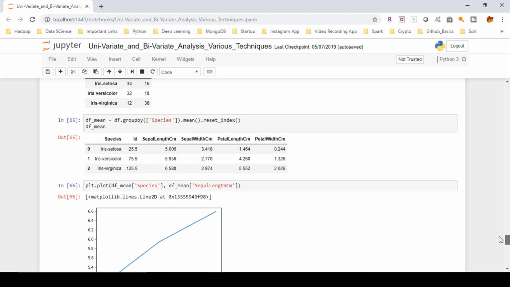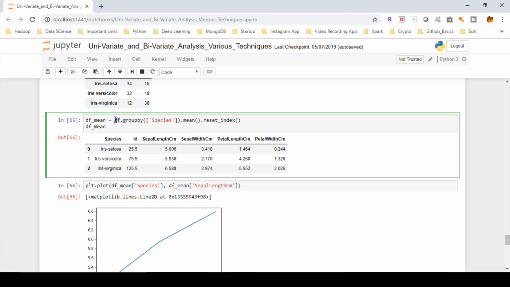This is my iris data frame, wherein I have the entire iris data, and I'm grouping this data frame on the basis of species and then creating a mean out of it. This method is for resetting the index. You can see that the species are Setosa, versicolor, virginica, and you can just neglect this ID column, it doesn't have any role to play here.